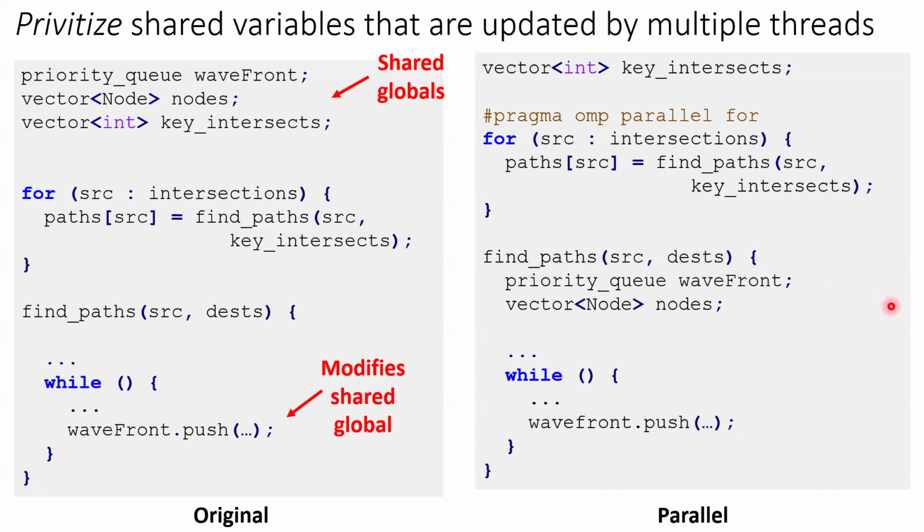So you move wavefront into local variables, a privatized wavefront. So each thread is modifying its own private copy. It's not affecting any other threads.